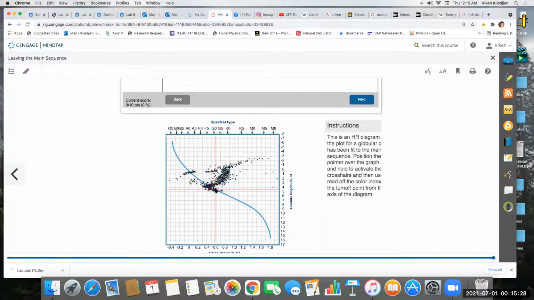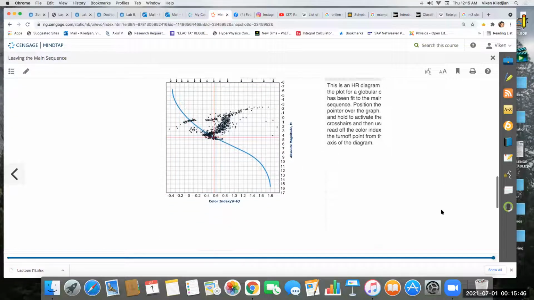Maybe this one is the turnoff point. This one is hard to guess. Okay, how about right here? That would be 0.55, the BV index.